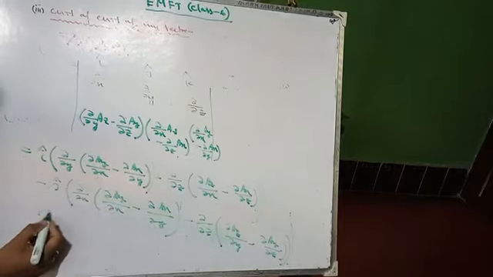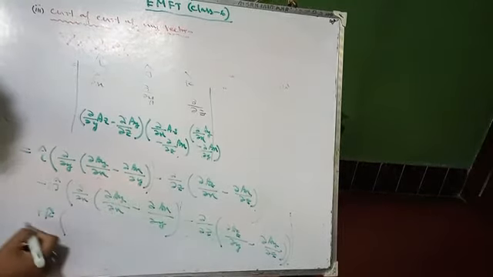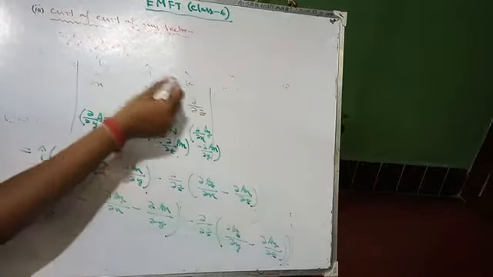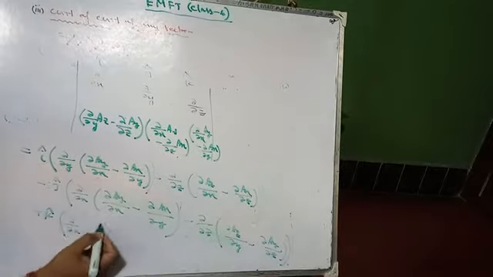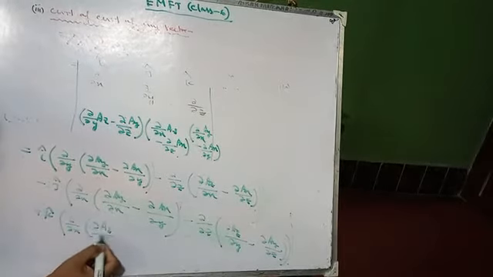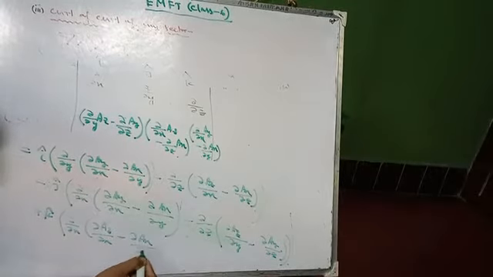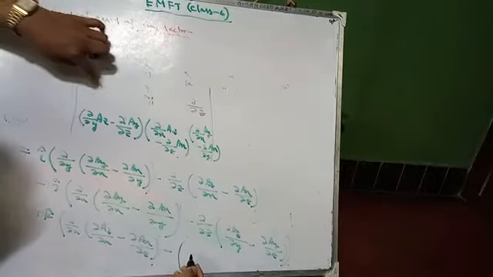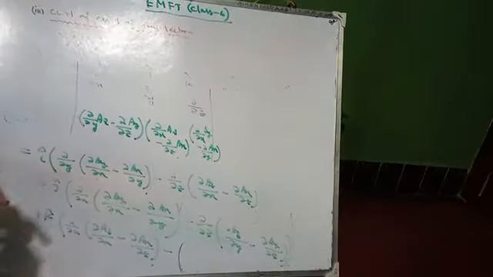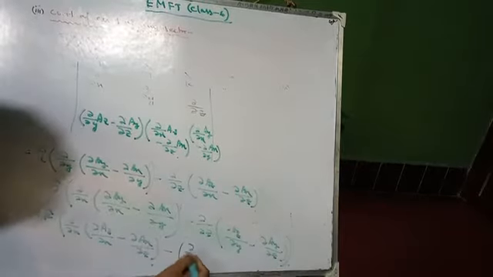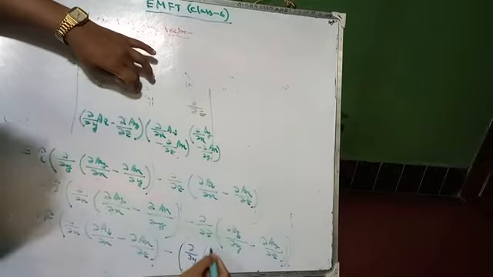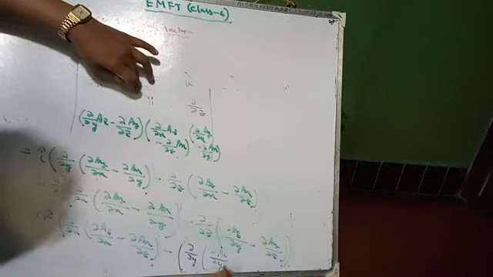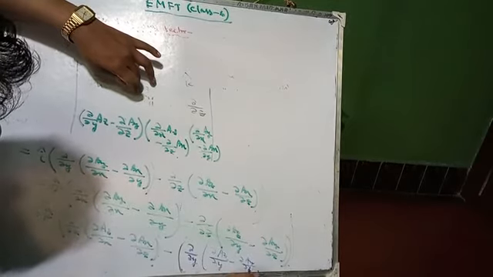And for the last one, k cap. K cap will be, as per the similar calculation, del del x of del az by del x minus del ax by del z, minus del del y of del az by del y minus del ay by del z.